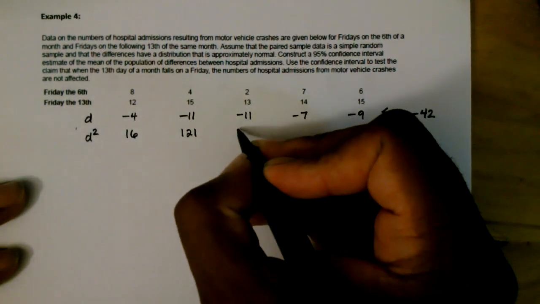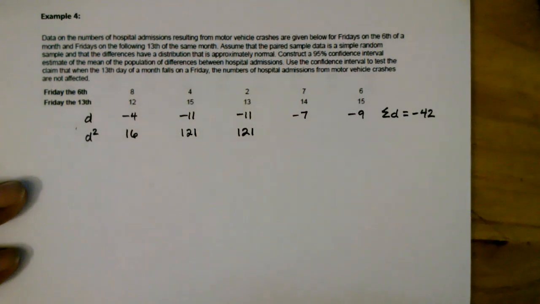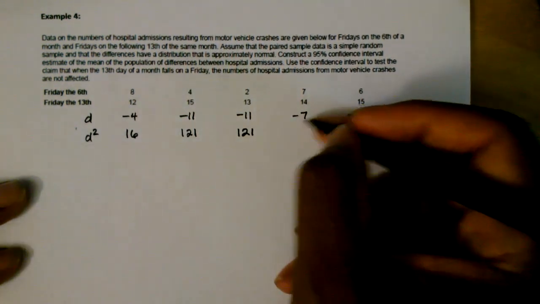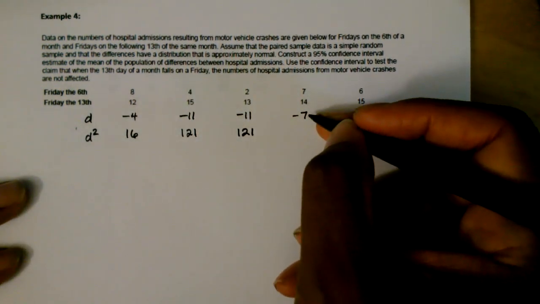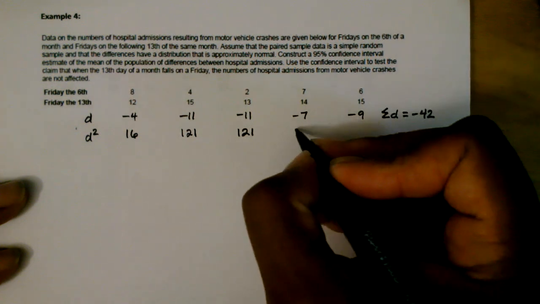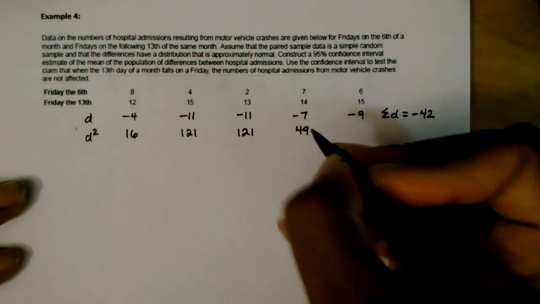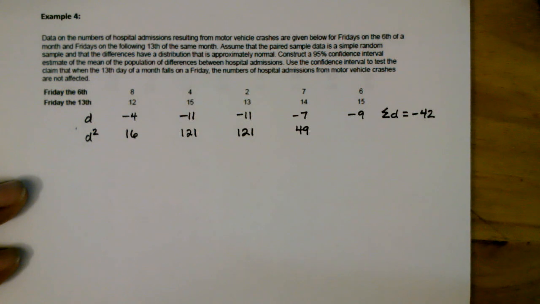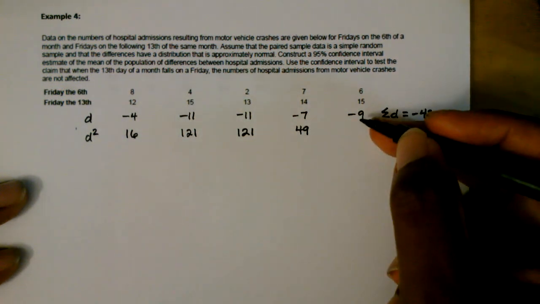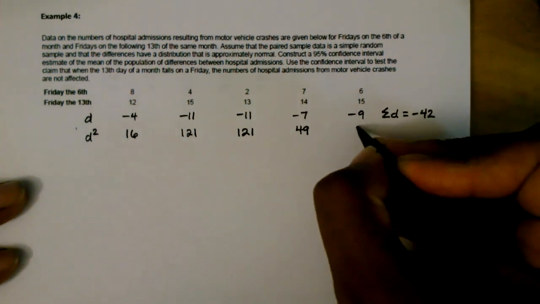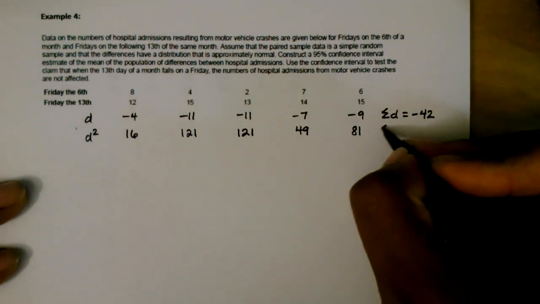Same thing here for negative 11. Square that, that's also 121. Negative 7 times negative 7, positive 49. And then negative 9 squared, negative 9 times negative 9, 81.